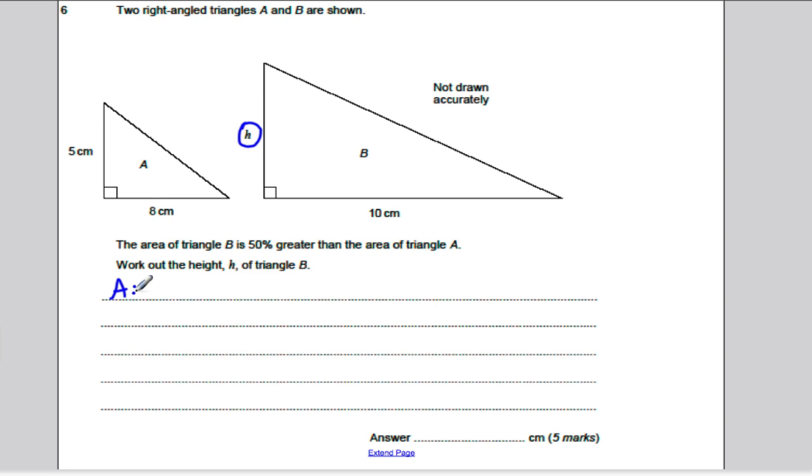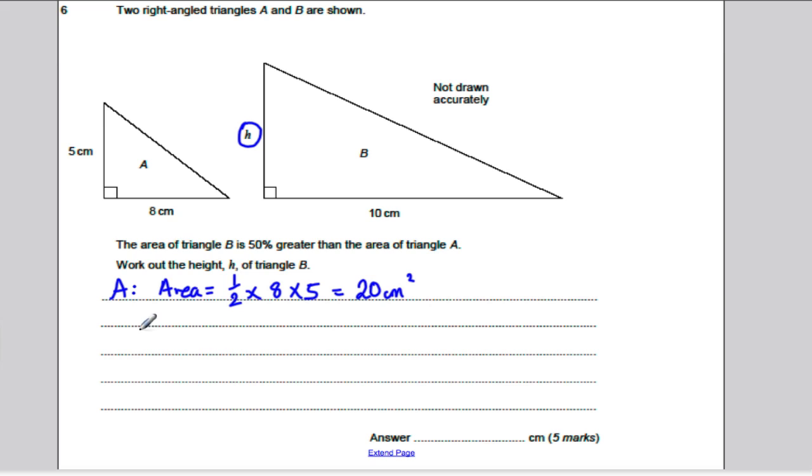So the area is half the base, half times 8, times the perpendicular height, which is 5. And I get for that an area of 20 centimetres squared.